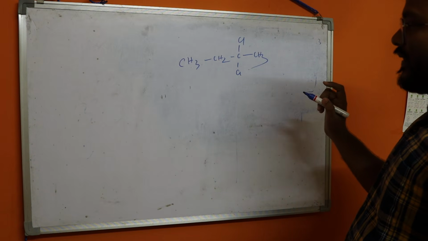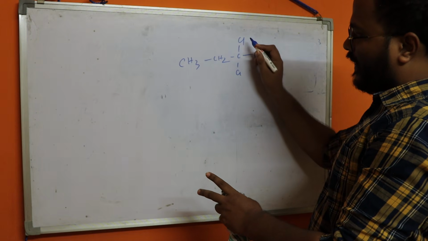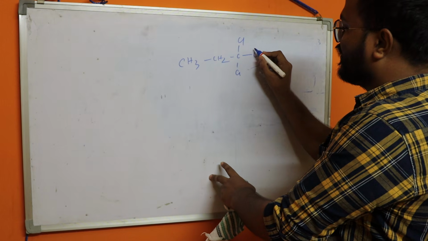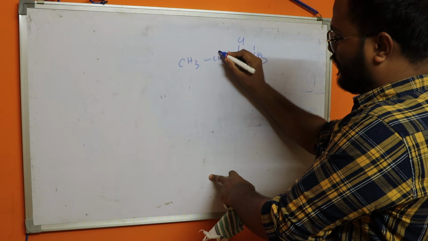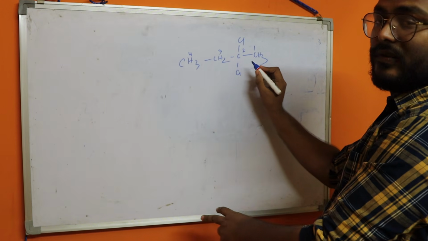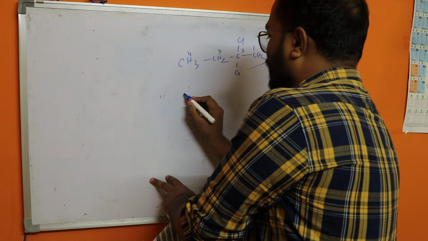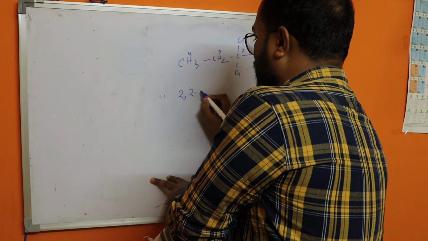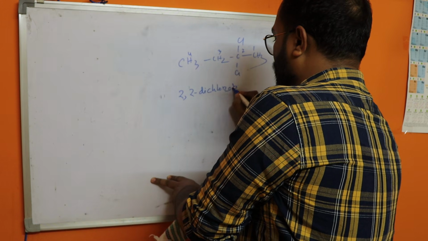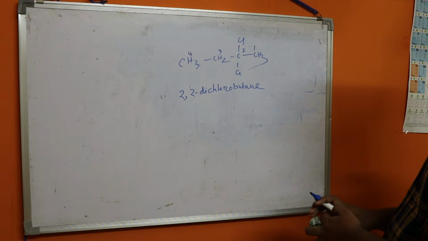Now we need to do the numbering, and we need to find the longest carbon chain such that the chloro substitution gets the lowest number. So we should start from this side, 1, 2, 3 and 4. So the IUPAC name for this one will be 2,2-dichlorobutane. So this is the numbering.